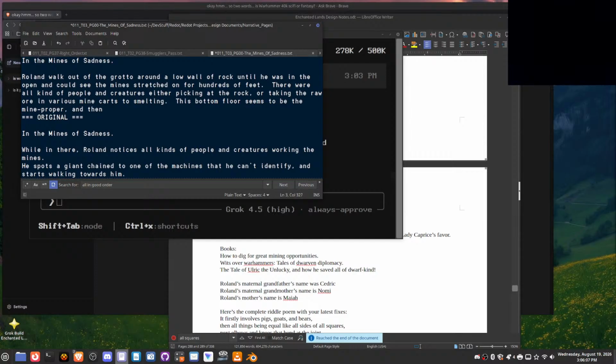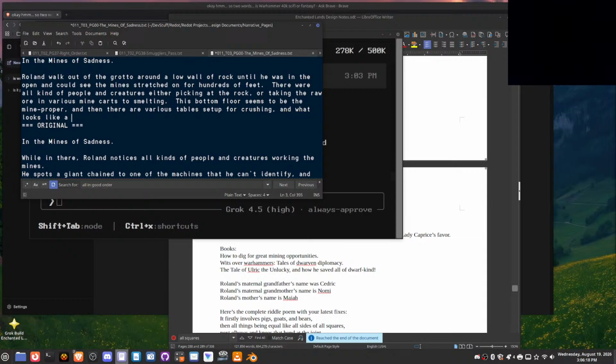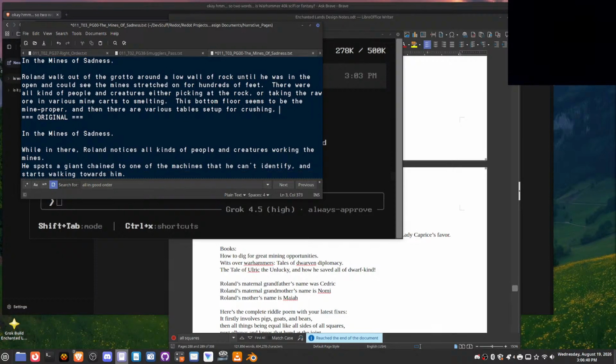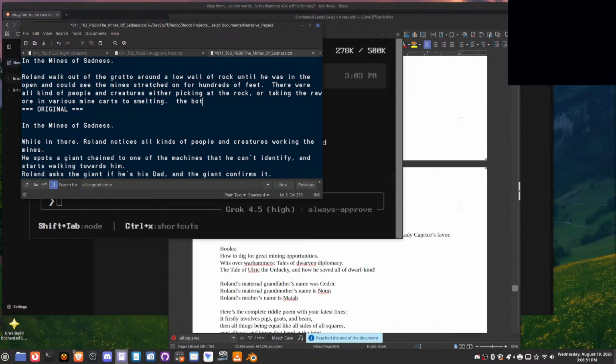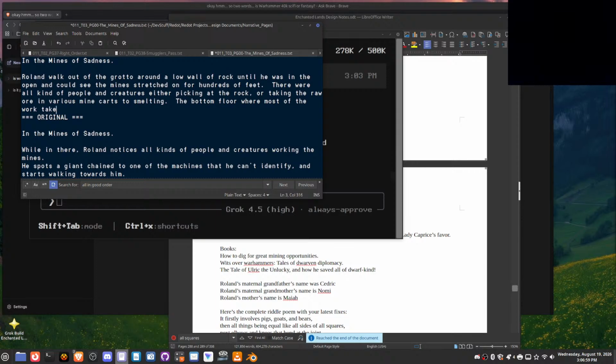And then there are various tables set up for crushing and what looks like a giant vat, where most of the work takes place.